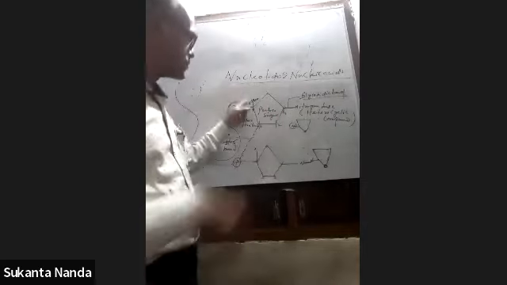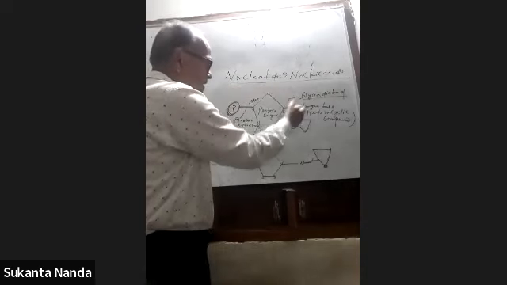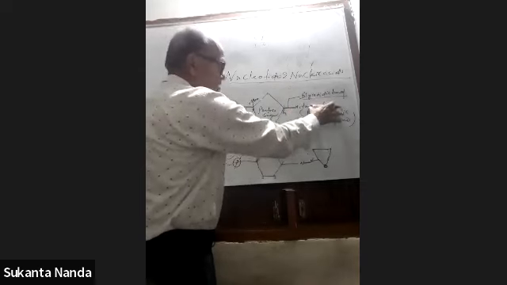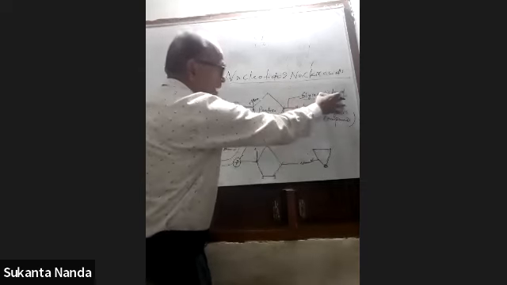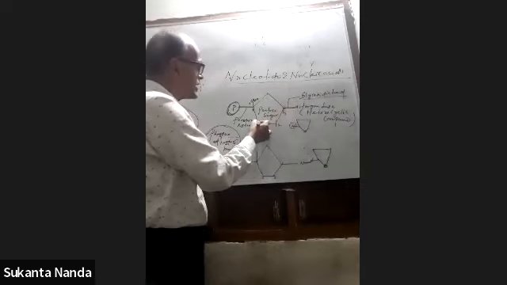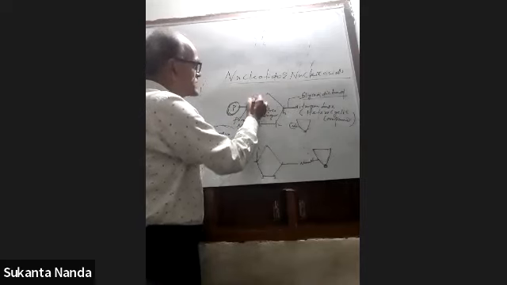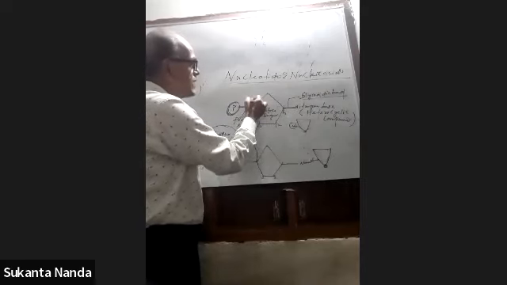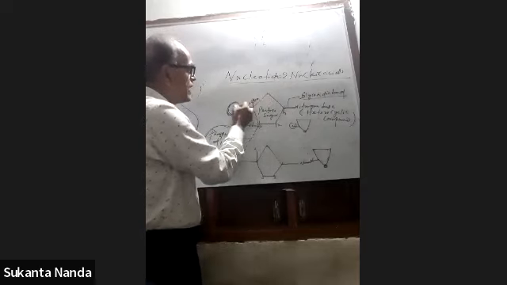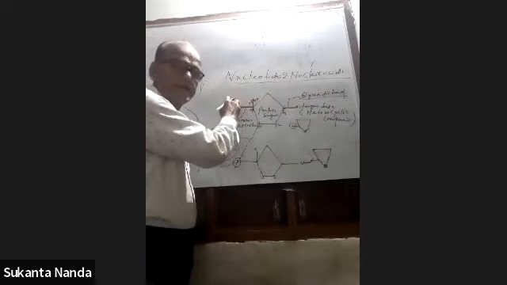If you draw a nucleotide, this is the oxygen and this is the first carbon. From the first carbon, the nitrogen base starts, joined by the glycosidic bond. This is the second carbon, the third carbon, the fourth carbon, and the fifth carbon, with CH2OH on one side.